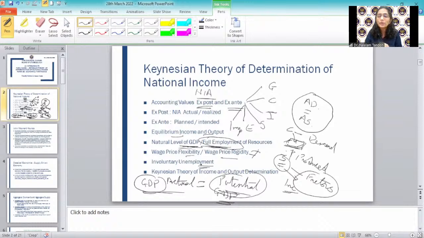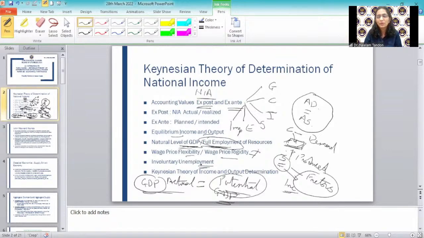Because in the short term, what plays the role? Aggregate demand. You have seen what has happened for oil, how crude oil prices have gone up, how petrol prices have gone up over a period of time. Why? Because the demand is higher. So what is required is that the demand has to be controlled, because supply cannot be increased in a short period of time. Can you increase oil supply?